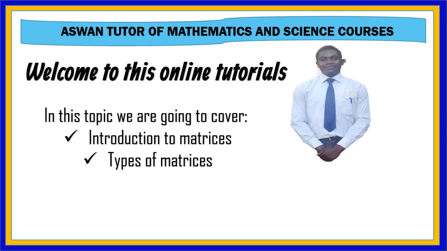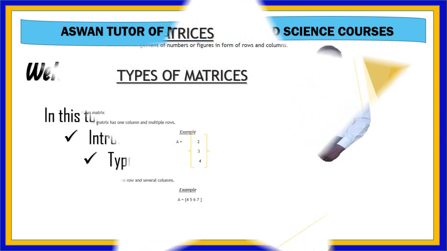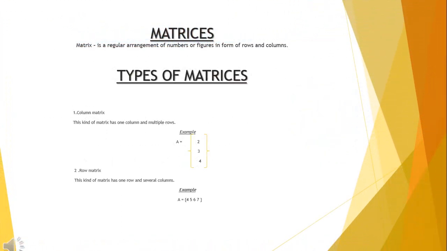This concept of matrices is also offered by a course by the name quantitative skills in most of the universities. Matrices is the plural part of the word, but we've got now the singular part, which is the matrix. So a matrix is a regular arrangement of numbers or figures in form of rows and columns.